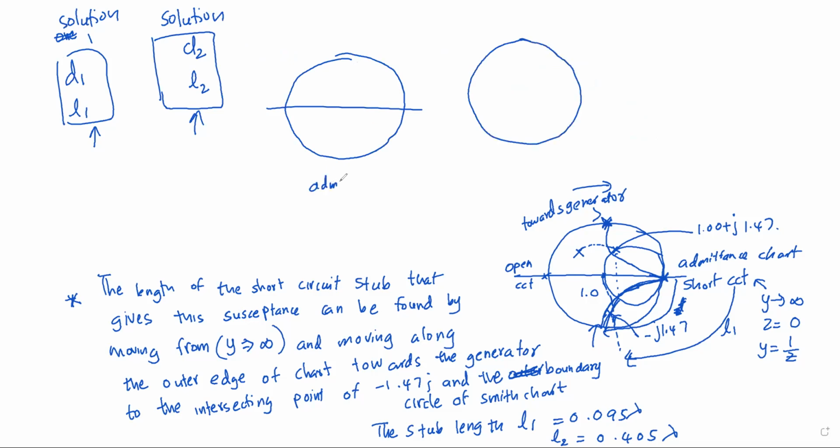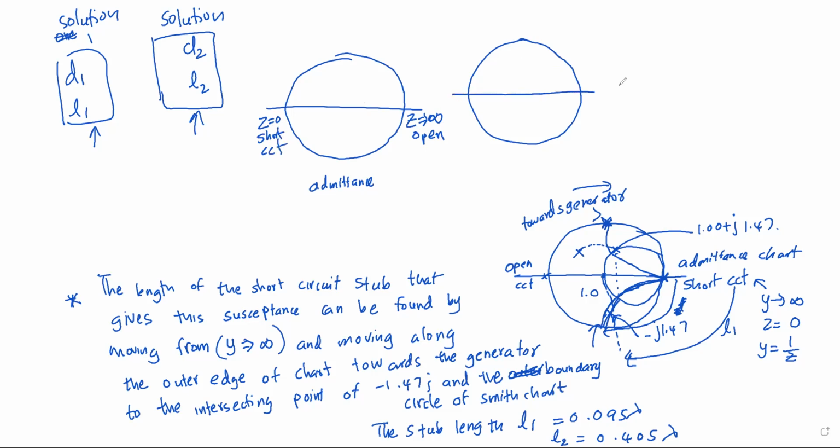In the impedance chart, Z equals 0 here, and Z reaches infinity here. So this is the open circuit and this is the short circuit.